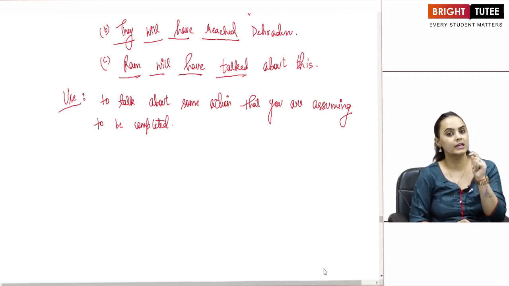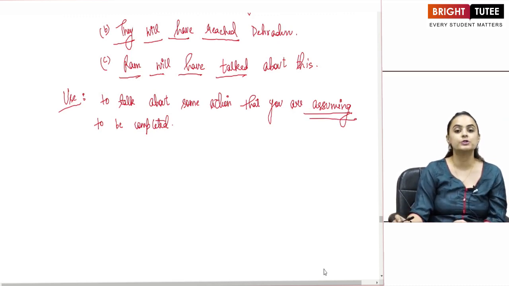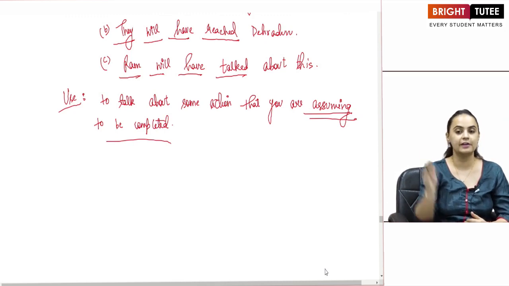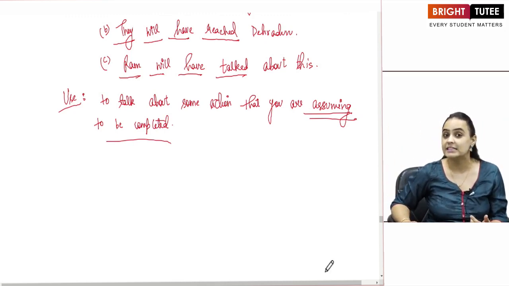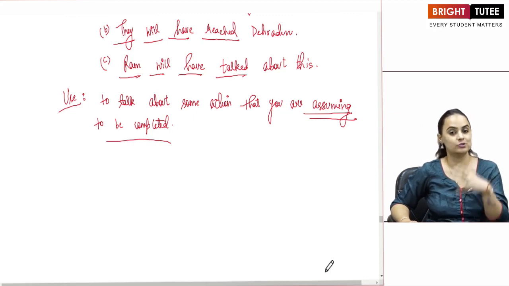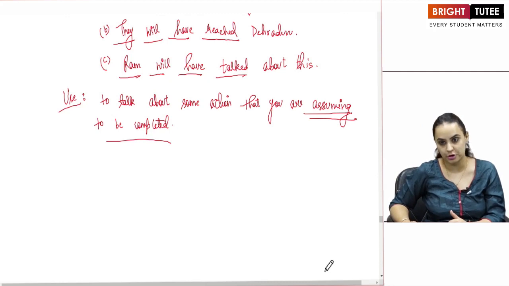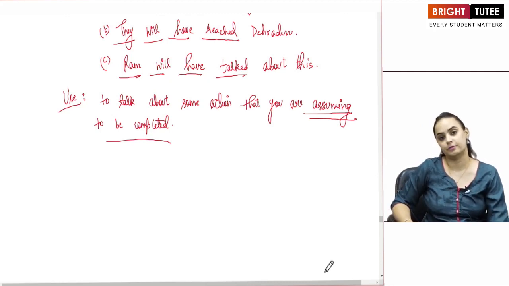If you are talking about an action which you are simply assuming, simply predicting that some action must have been completed by now, you don't know whether it has or it hasn't. This is just a prediction, just an assumption from your end. So for those, we use the future perfect tense.